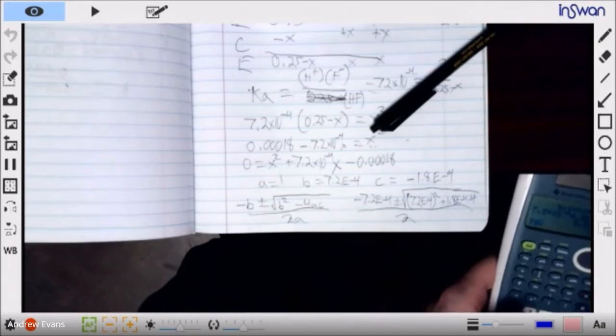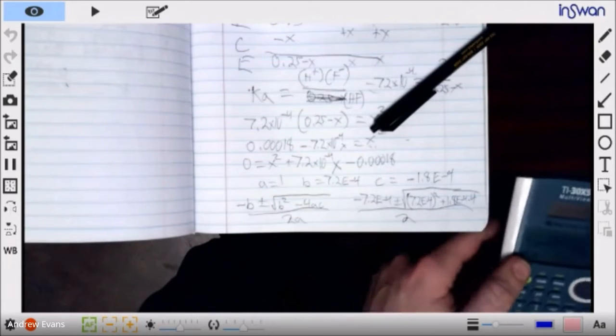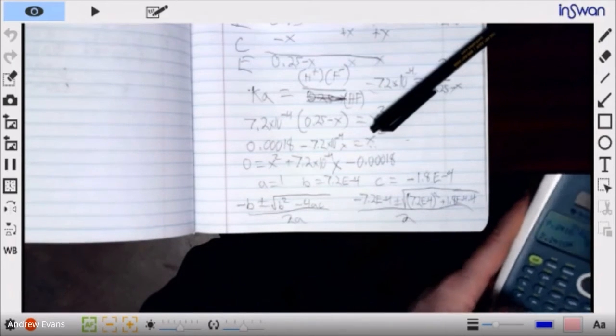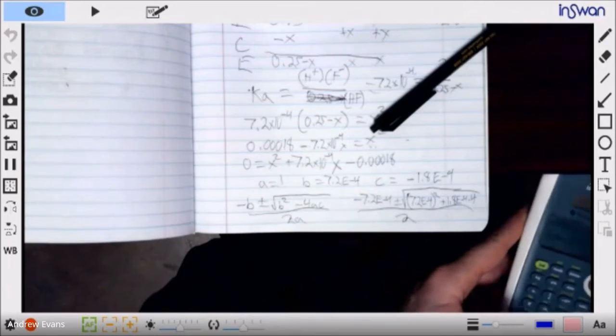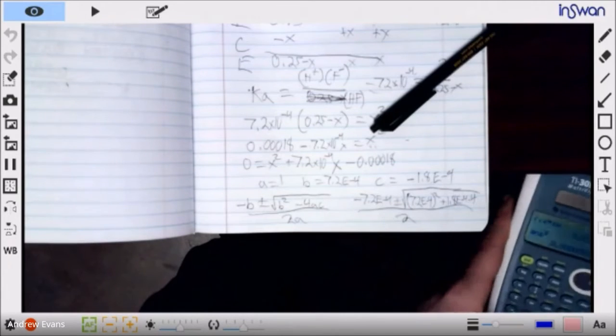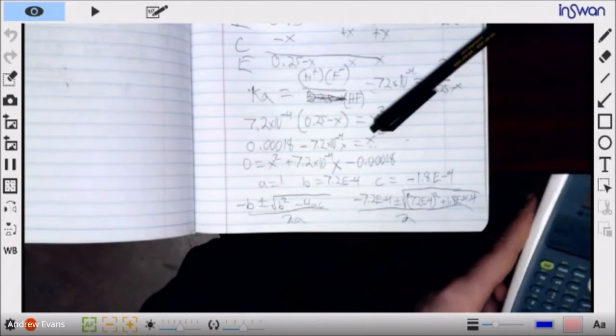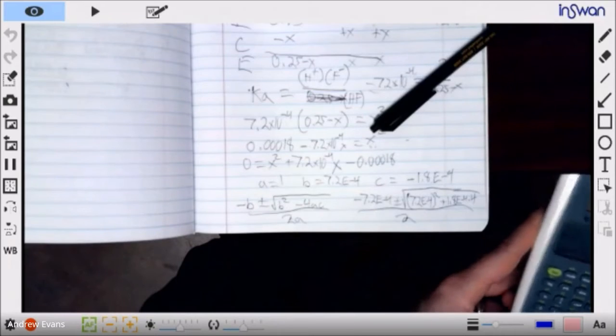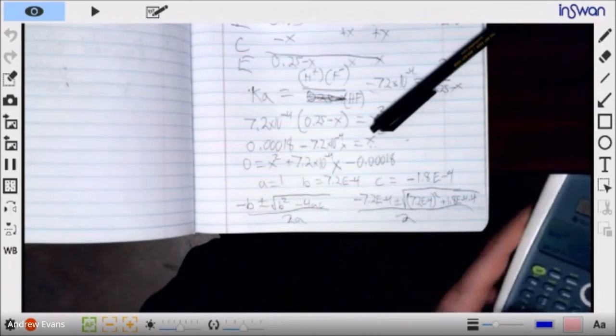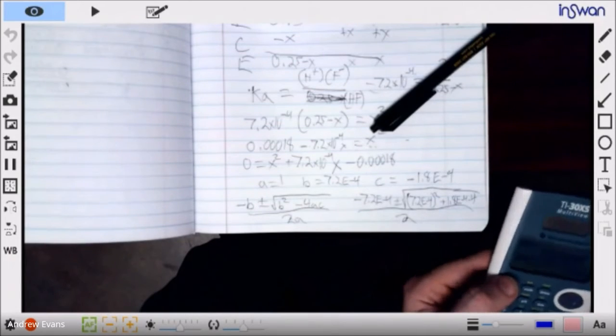7.2 times 10 to the negative 4. I'm going to square that. Then I'm going to add 1.8 times 10 to the negative 4 times 4. Oh, geez, I screwed that up.